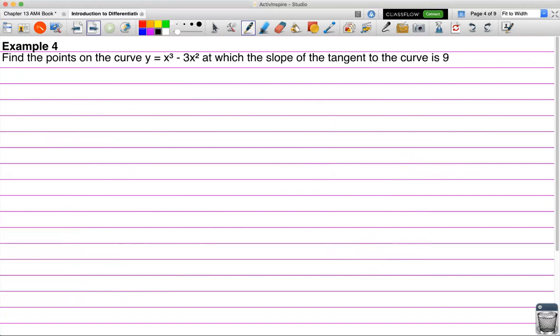Next example. It says here, find the points on the curve at which the slope of the tangent is 9. Now, we already know that the phrase slope of tangent from earlier on in this lesson is another way of saying dy dx.